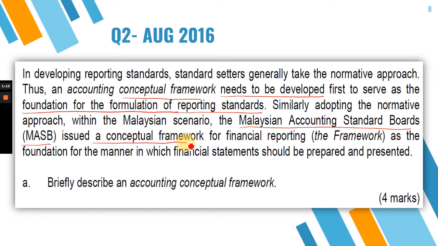So, the conceptual framework for financial reporting in Malaysia is actually word for word the same as the conceptual framework issued by the International Accounting Standards Board, right? And it is called the framework as the foundation for the manner in which financial statements should be prepared.